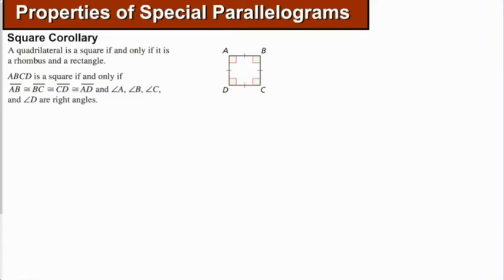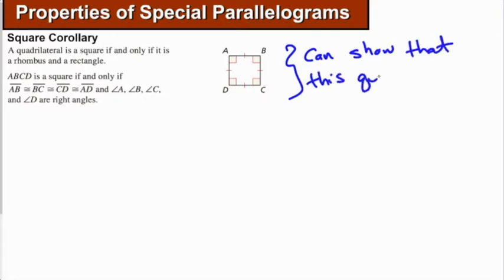So you can work this out either way, but you have enough information to show that it is a parallelogram. But more specifically, it is a square because it has 4 congruent sides and 4 right angles.